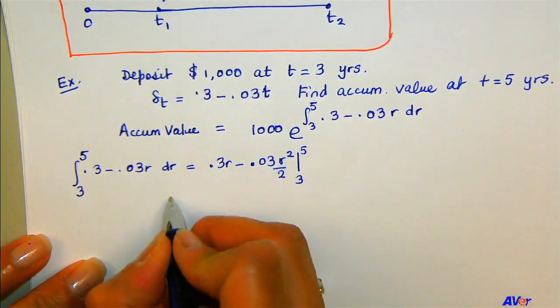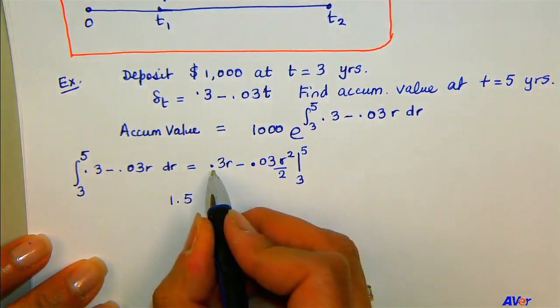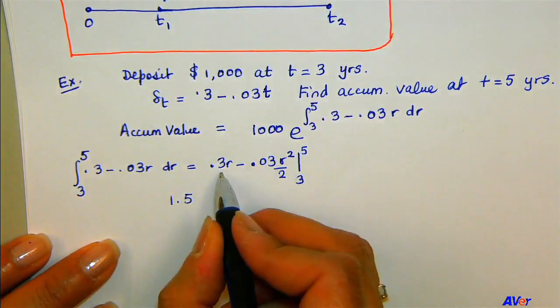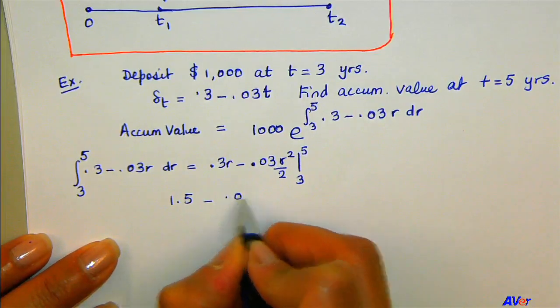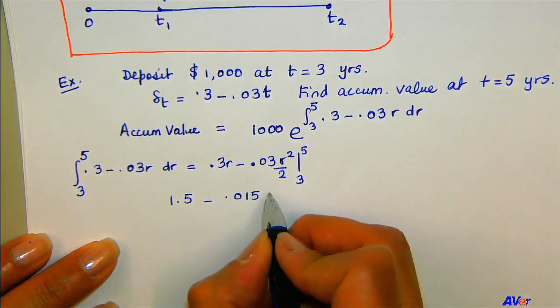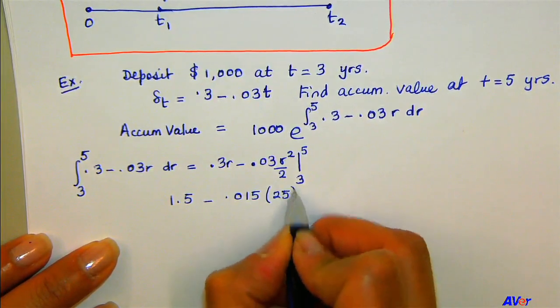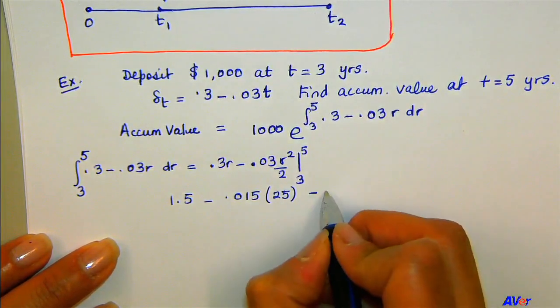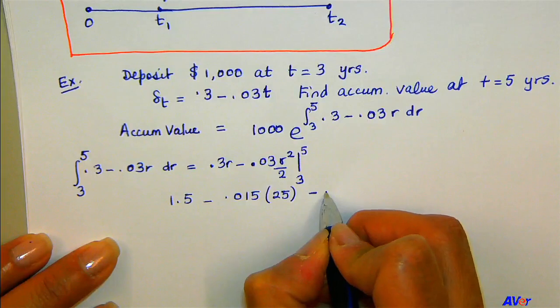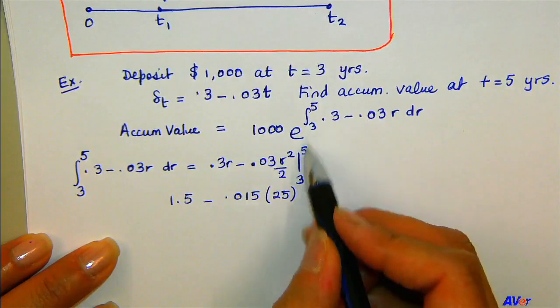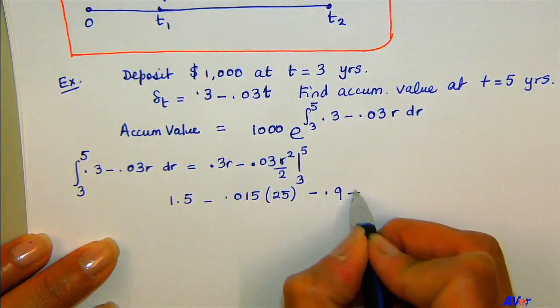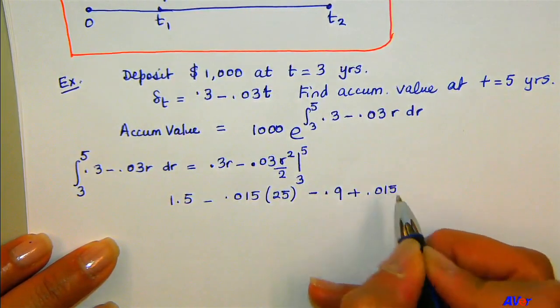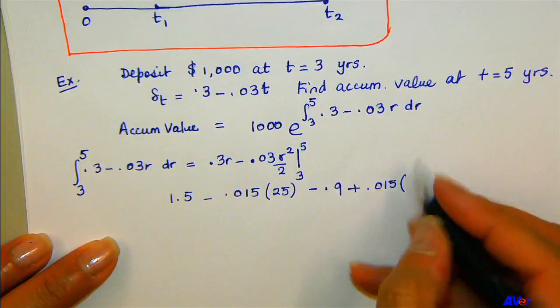So let's plug in 5: 0.3 times 5 is 1.5, minus 0.015 times 25, minus, plugging in 3 now, 0.9 plus 0.015 times 9.